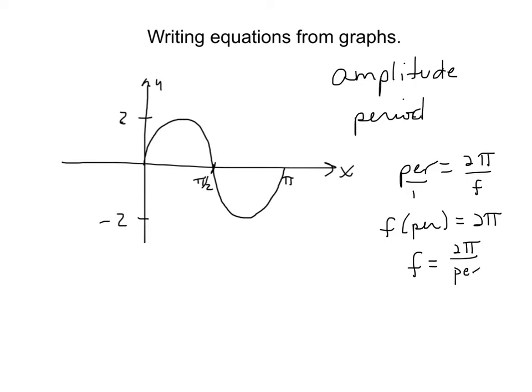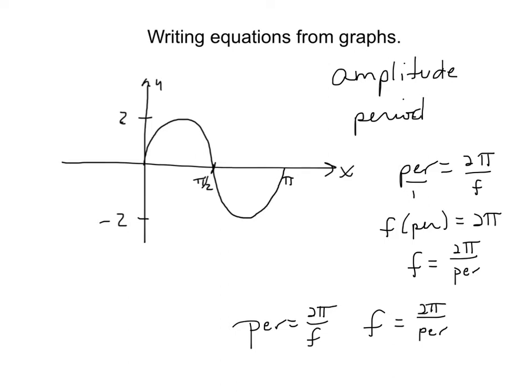So I actually have two formulas now. I can tell you that the period is equal to 2 pi divided by frequency. I can also tell you that frequency is equal to 2 pi divided by the period. So depending on what you know, you can find the missing piece.